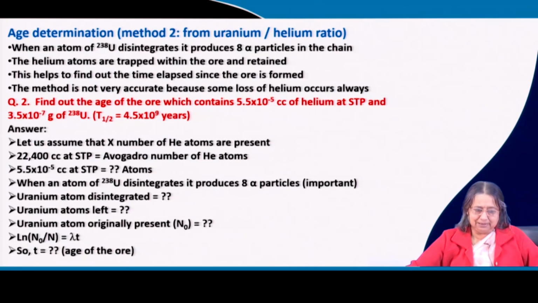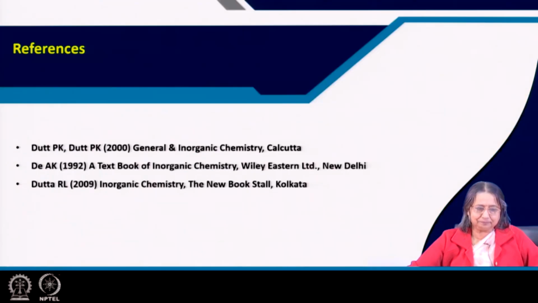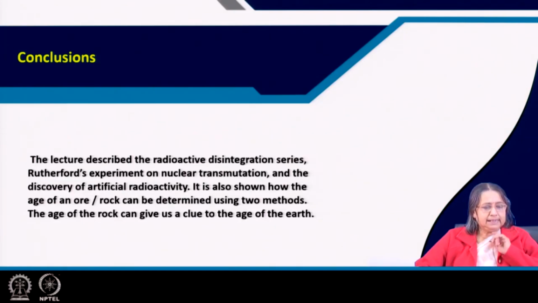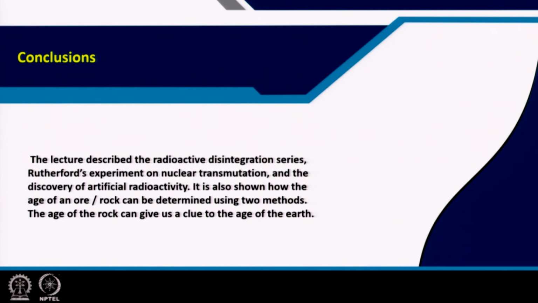Very important thing. So, in this lecture we have seen what the radioactive disintegration series are and how they are classified, and then Rutherford's experiment on nuclear transmutation, how one atom can be transformed into another.